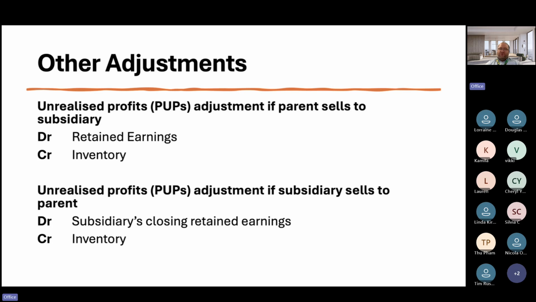But remember that that's not the group's retained earnings; that's the subsidiary's retained earnings, of which you as a parent company are only entitled to a percentage. You're not entitled to all of those retained earnings. So only part of the problem affects you, doesn't it? Not all of it.